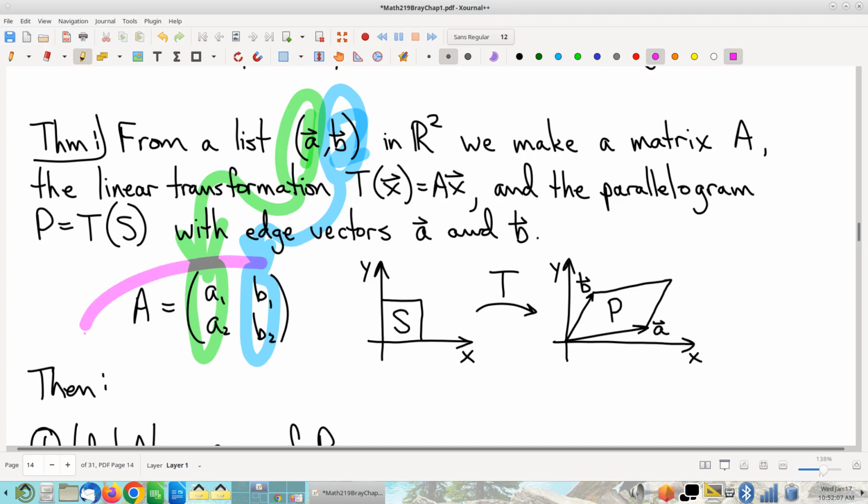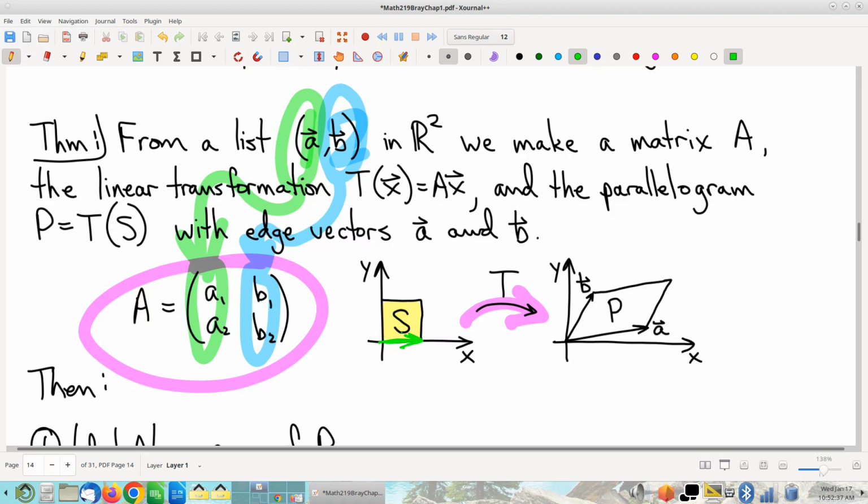A matrix, of course, defines a linear transformation. And now I'm going to make the clever observation that if you look at the unit square in the domain of that linear transformation, keeping in mind that the edge vectors of the unit square are E1 and E2, and you ask where this edge vector goes, well, it's E1.